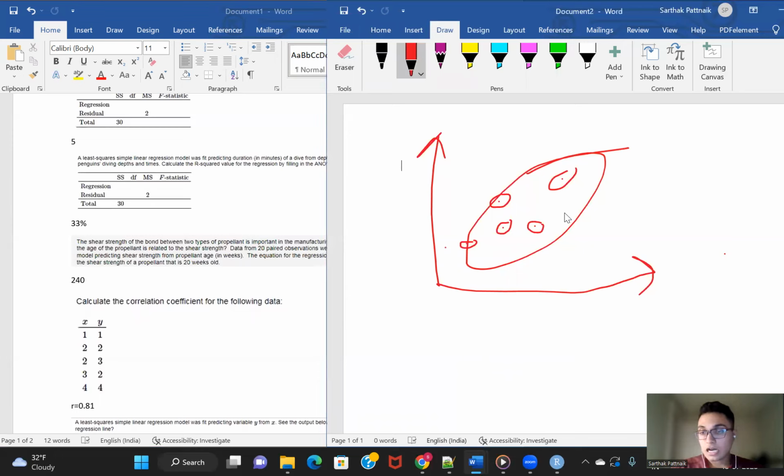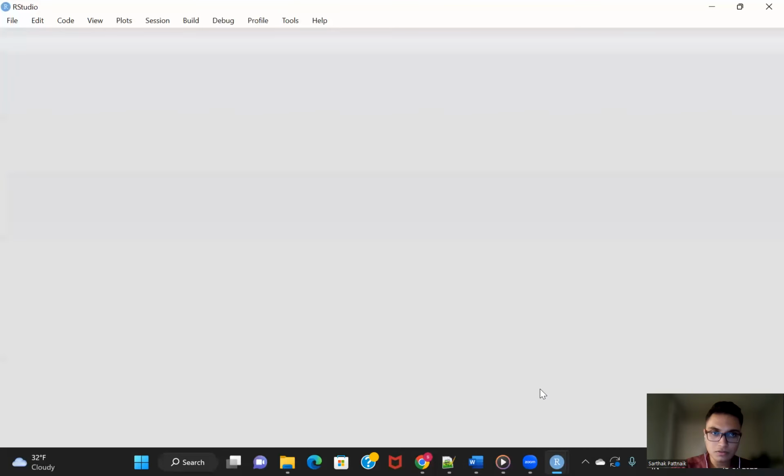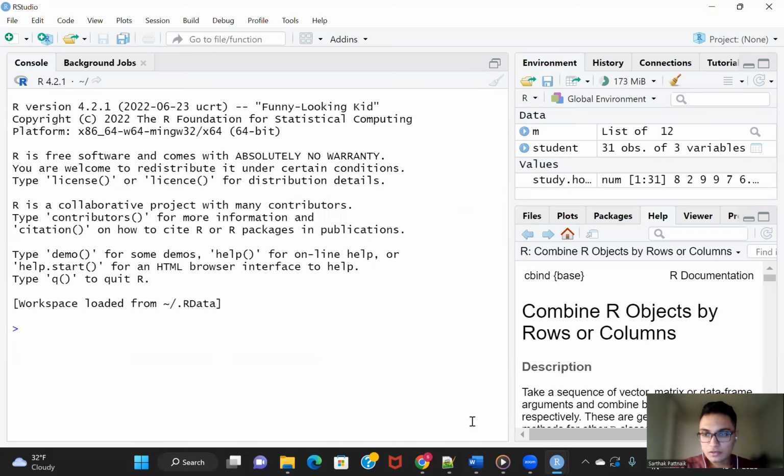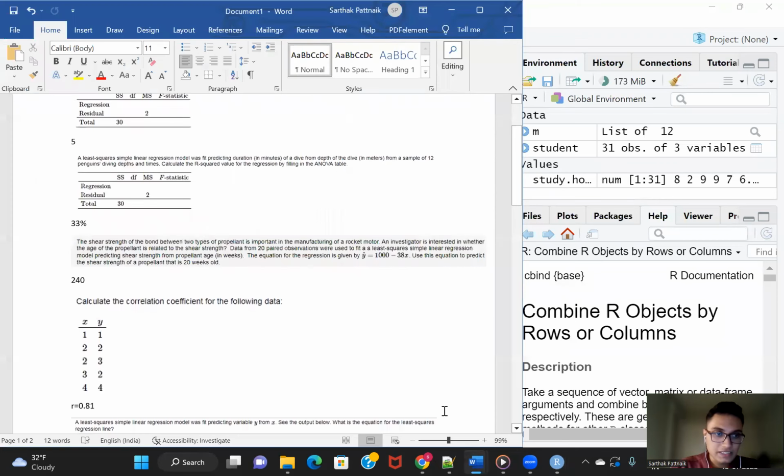So you can use R programming here. You can go to R and basically use the cor function in R, as we studied, to calculate the correlation coefficient between your two variables x and y. So what is my x over here? X takes the values 1, 2, 2, 3, 4.